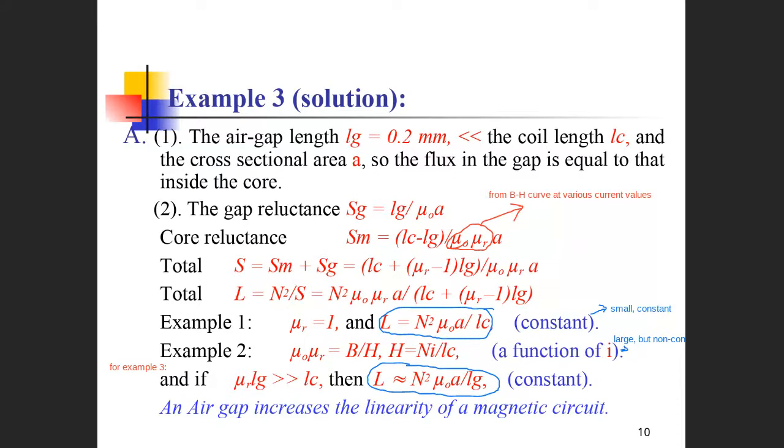So example 1 is small but constant. Example 2 is large but not constant.